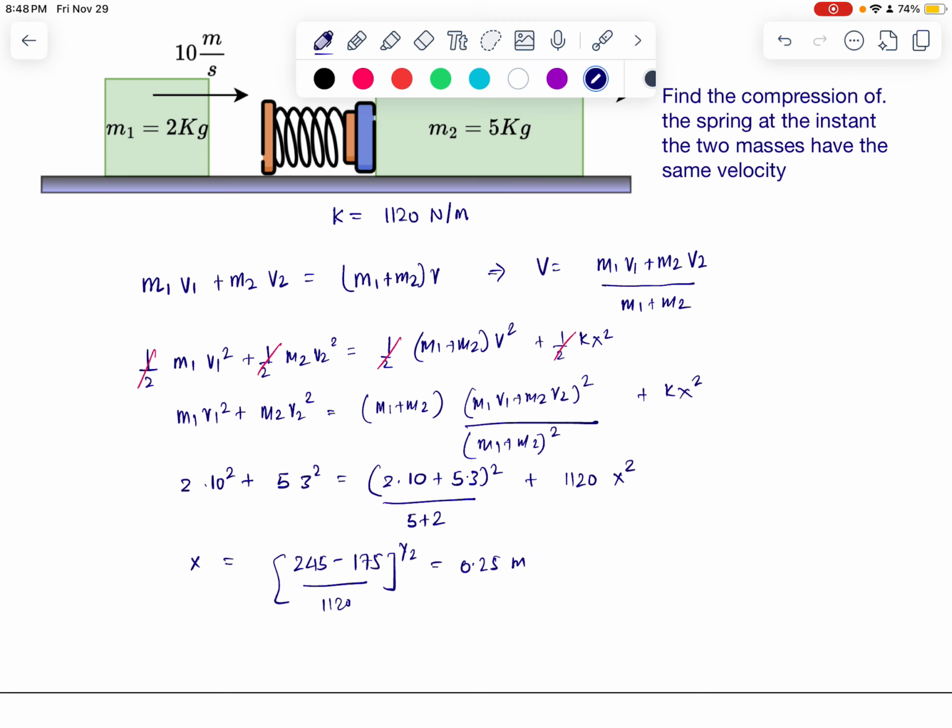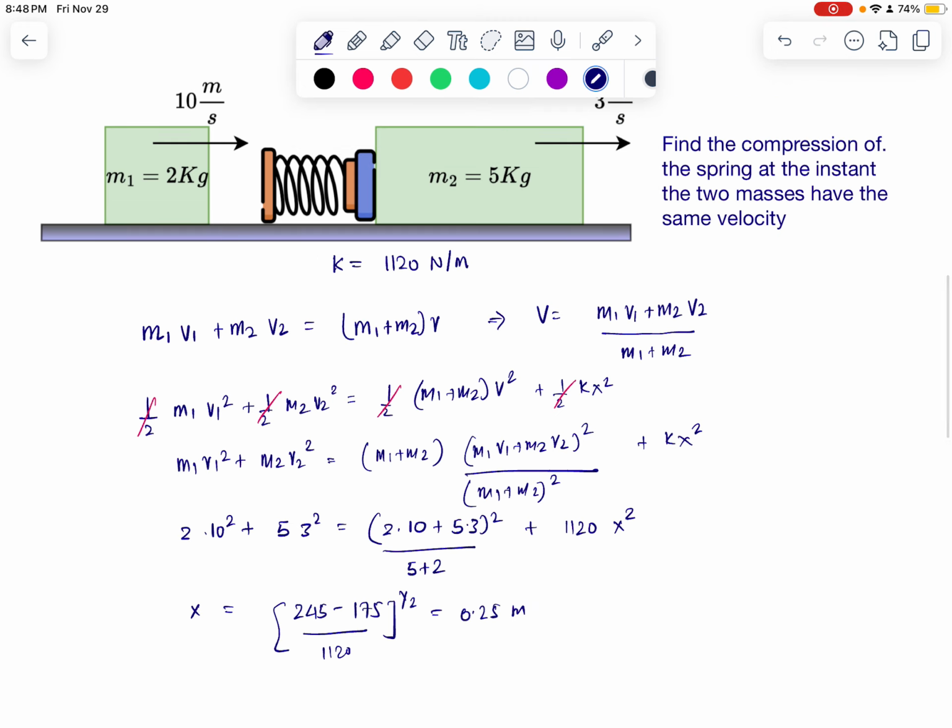So that's pretty simple. Although this sounds like a hard problem, we used the law of conservation of momentum to find the final velocity of these two blocks since they were moving together. Then we used the law of conservation of energy to equate the initial sum of kinetic energies to the sum of the final kinetic energy of the blocks plus the potential energy of the spring.